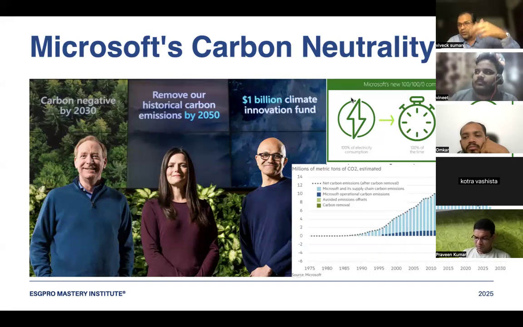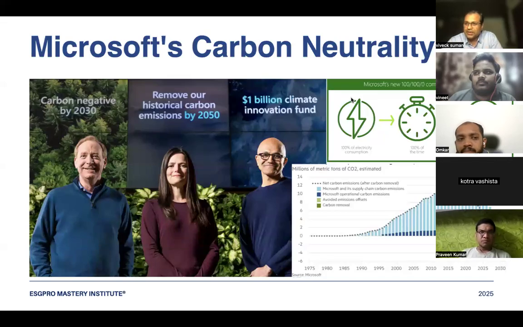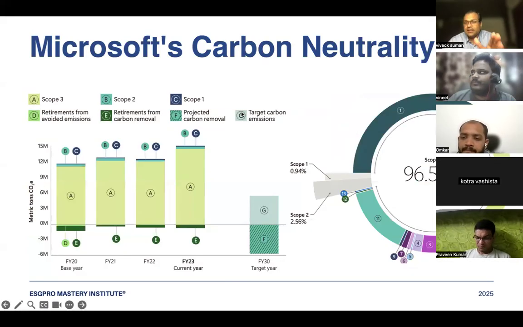But it is a really far-fetched idea to become carbon negative by 2030, and that can only be possible if, like Deepak was talking, $1 billion somebody really creates a magic and brings it to Microsoft, which they are expecting. Clear?